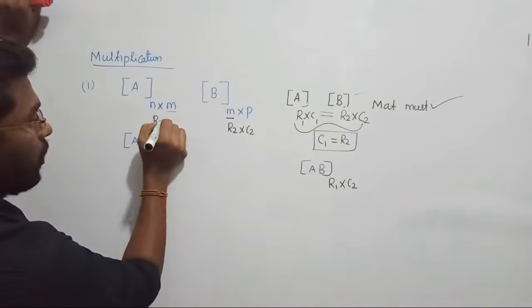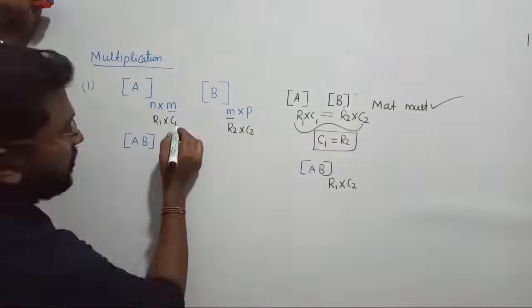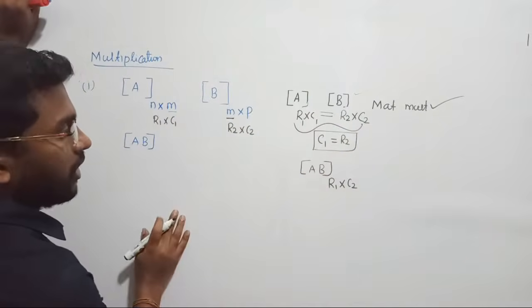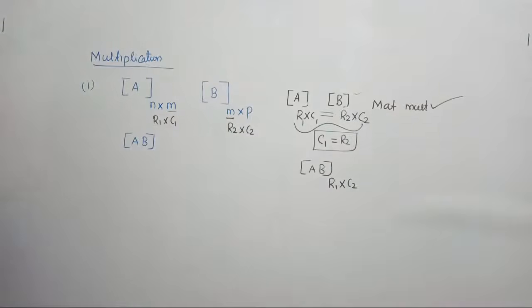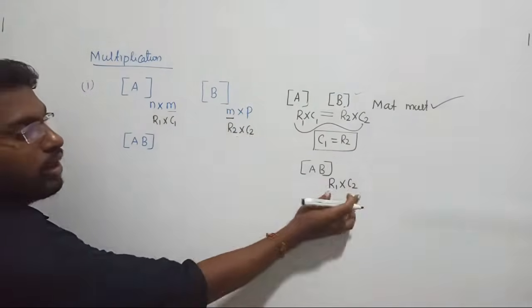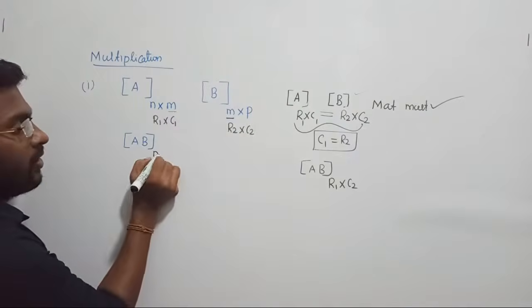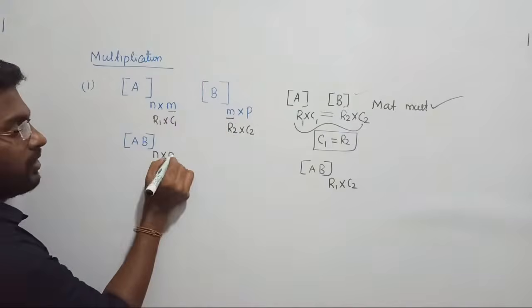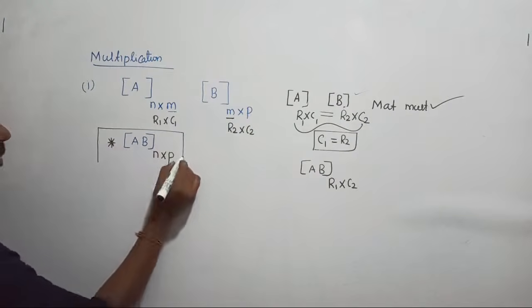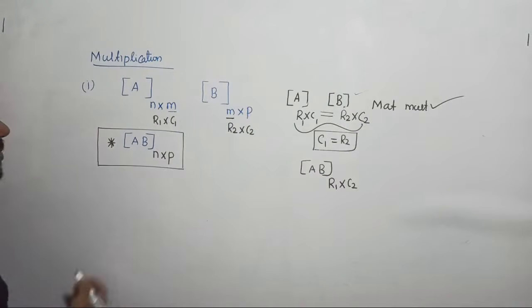See there, C1 equals m, R2 also equals m. So C1 and R2 both are equal. I can do matrix multiplication, and the resultant order of the matrix is going to be R1 into C2. R1 is n, C2 is p. That is the order of the matrix.